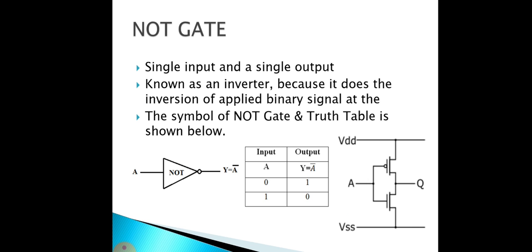Next one is the NOT gate. It consists of a single input and single output. It is also called an inverter because it does the inversion of the applied binary signal. The symbol of the NOT gate and truth table are as shown in the figure.